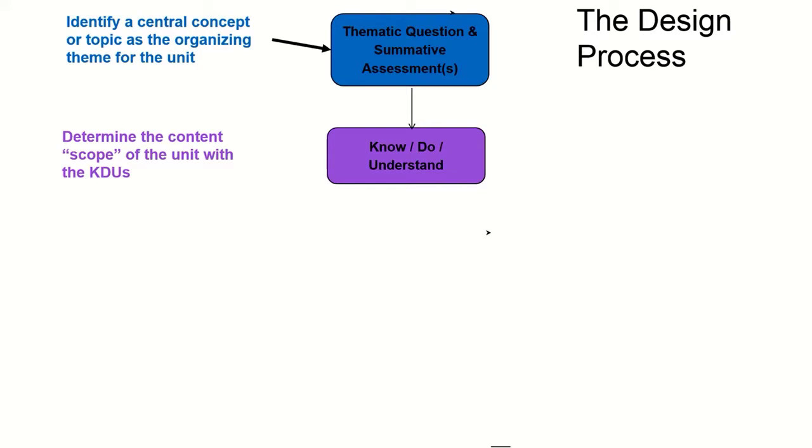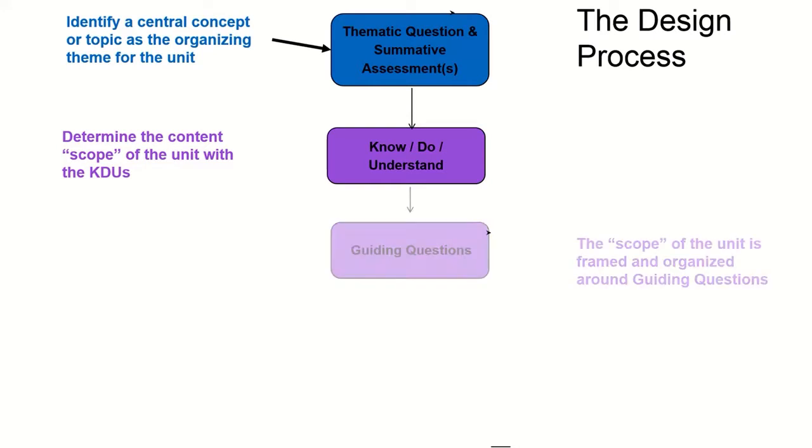To do this, we identify all the KDUs, all the know, do, and understand. That tells us our content for the unit. The guiding questions then come out of that. Once we have all of our content listed, we can start thinking about, well, what guiding questions would I ask to get at that? So the guiding questions organize and frame the pieces of the scope of the unit.